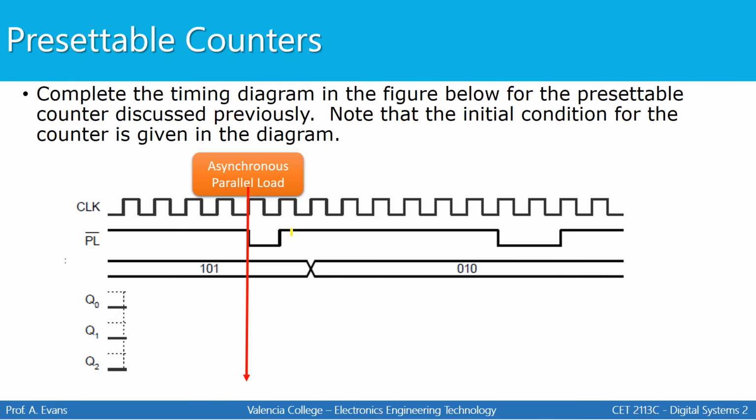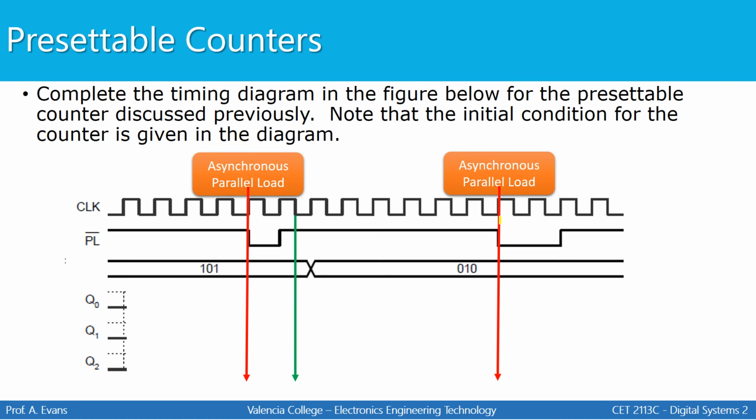Once this goes high, the clock is now in control, and with this circuit diagram that you have, the flip-flops respond to negative edges. So once the pulse load input has released control and gone back high, the next negative edge is when the counter will begin to count. So I have that identified right here in green.